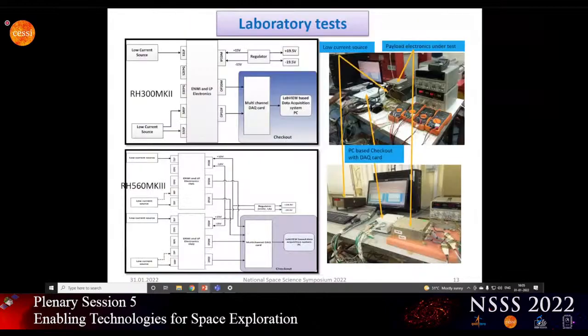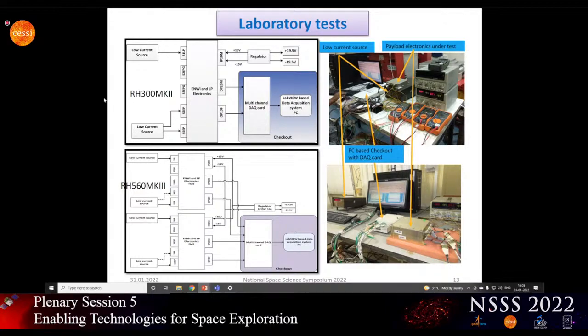Once the payload electronics is realized, we take it through a host of laboratory level tests, and the block diagram shows a broad overview. We have the electronics, and there is a low current source which simulates the output expected from an NV or LP probe.